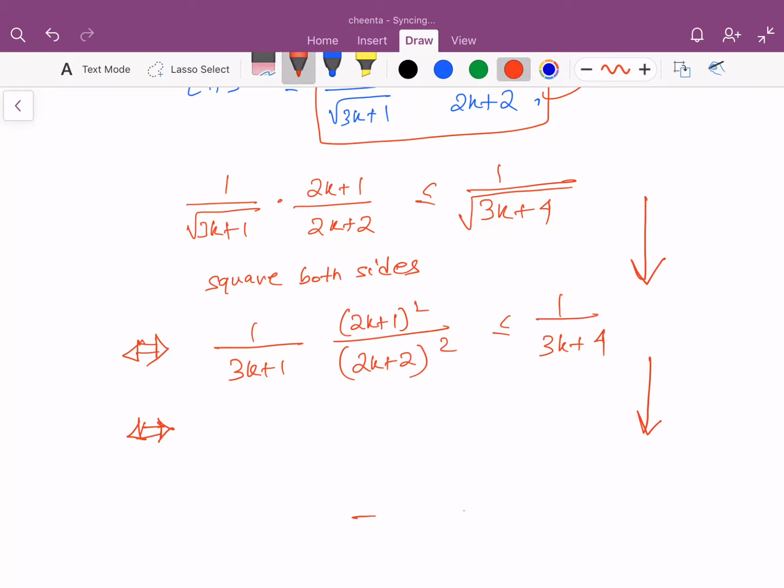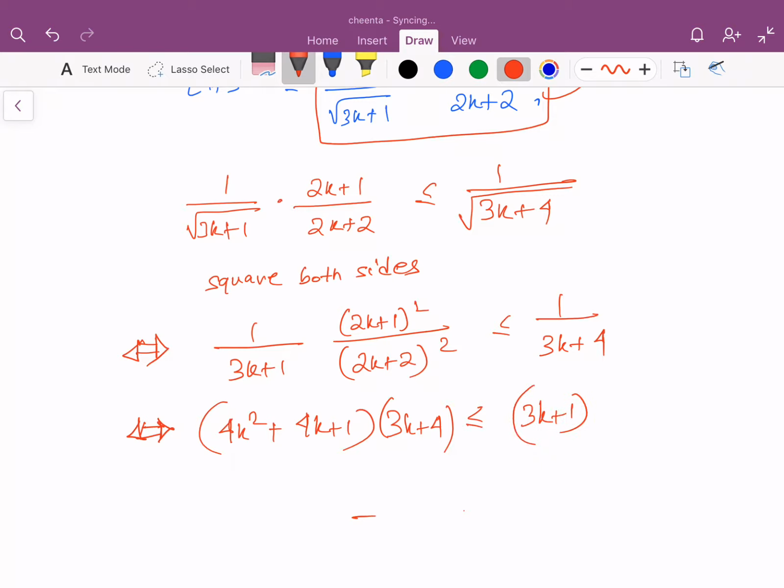We will cross multiply. So we have 4k squared plus 4k plus 1 times 3k plus 4, and we want to show that this is less than or equal to, let's get rid of these arrows, 3k plus 1 times 4k squared plus 8k plus 4.